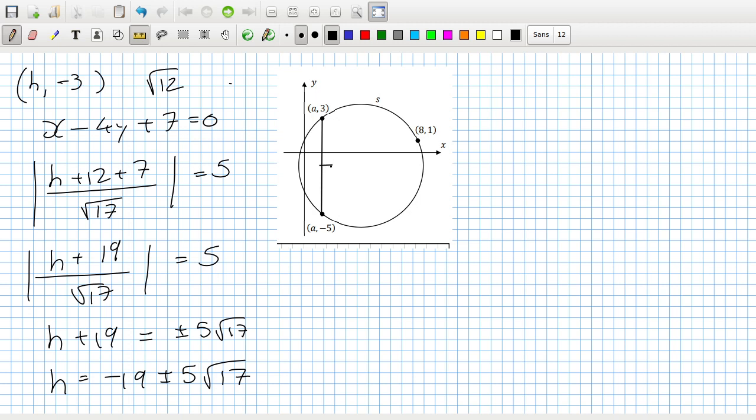So here, I know the center will be on this line. That's the line y equals minus 1. So the center is somewhere here, we'll call it h, minus 1.